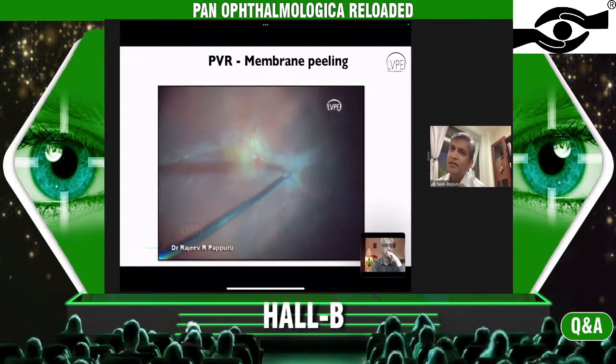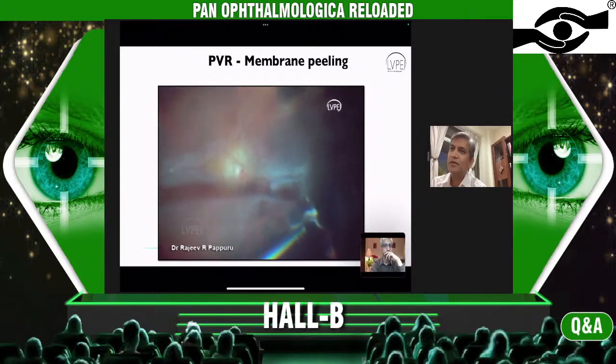But with these, if you get a correct hold of it and try to peel it off, always do a tangential peel. Don't pull it up to the center of the vitreous cavity. Hold the membrane and peel along the retinal surface towards the periphery, which will help you peel off the membrane more completely than picking it up multiple times.